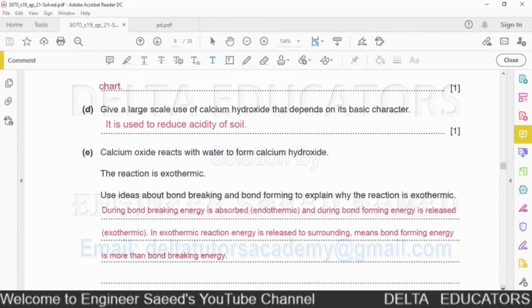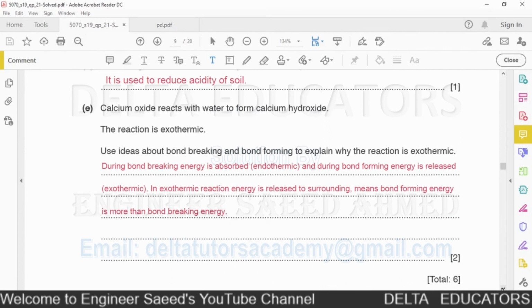Part E. Calcium oxide reacts with water to form calcium hydroxide. The reaction is exothermic. Use ideas about bond breaking and bond forming to explain why the reaction is exothermic. During a chemical reaction, there is a bond forming and also bond breaking.